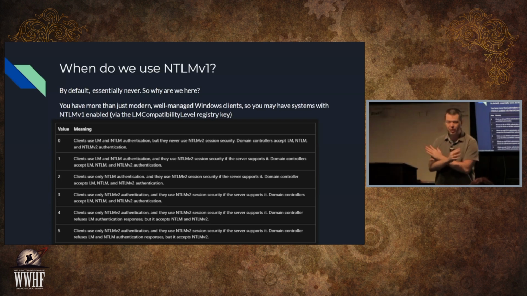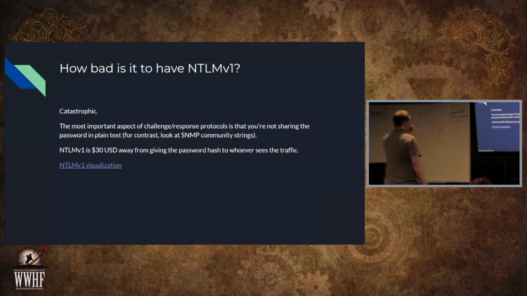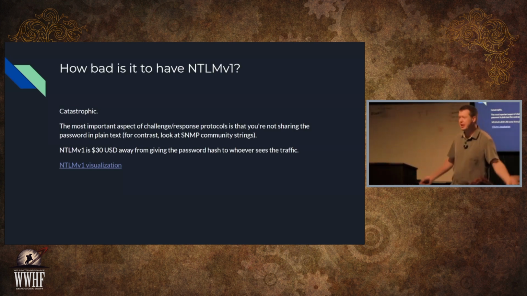Any NTLMv1 authentication is about $30 away from takeover of that machine, with password cracking speeds being what they are today. All right? So it's real bad, right? And I say $30 away. That is actually what I spent for my most recent NTLMv1 cracking, because it turns out a single RTX 4090 can crack like 147 billion DES operations per second.